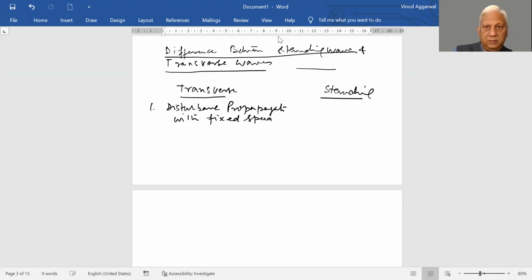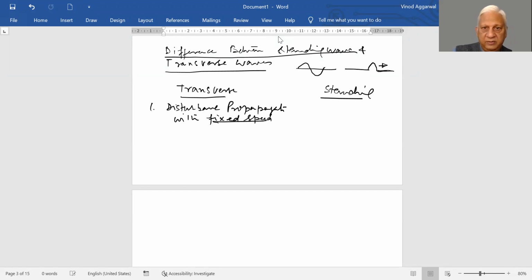And if you have this wave, or let us say we saw this hump, it will keep moving with a fixed speed. And it doesn't hit any obstacle if it is a fairly long string, it keeps going.